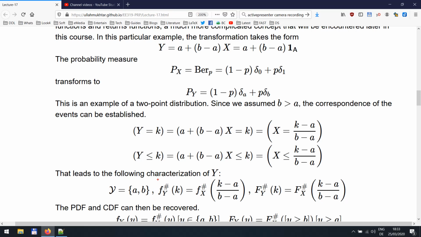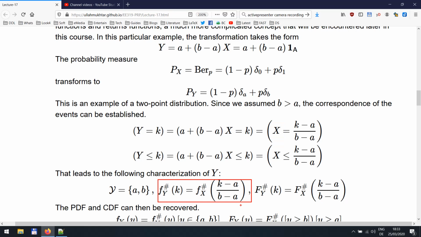The strictly positive discrete density is this one. Why? Because uppercase Y taking value k is the same as the random variable X taking value k minus a over b minus a. So I just apply the density of X to this value. Normally I would write small k there, but this time I have to write this expression. You see, that exact same expression appears here.